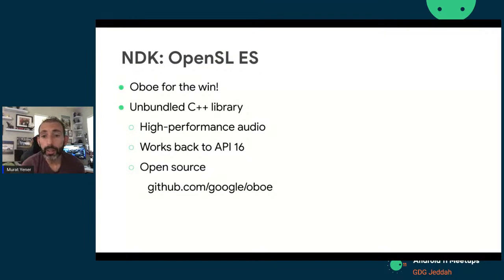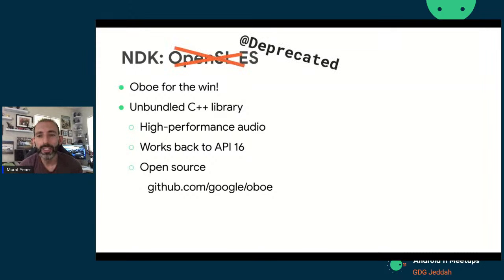If you're working with audio and specifically high performance audio, you probably worked with OpenSL ES before, which is deprecated now. So we have a new library called Oboe.